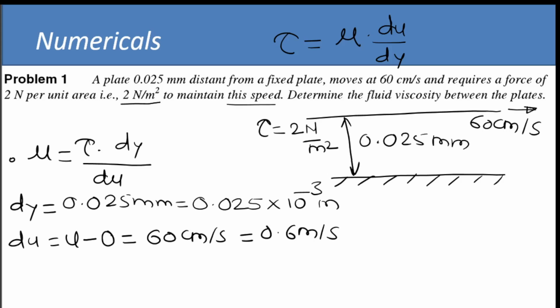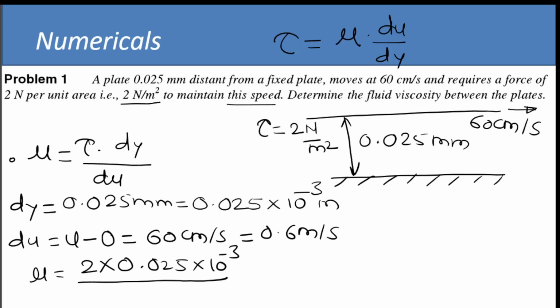We have all the values. So we'll put the values in the relation for viscosity and find the value of viscosity. So mu is equal to 2, that is the shear stress, into dy, 0.025 into 10 raised to power minus 3, whole divided by the du value, that is 0.6.